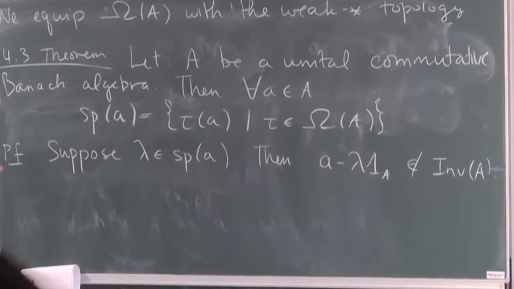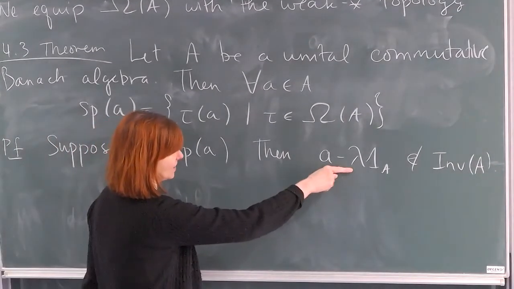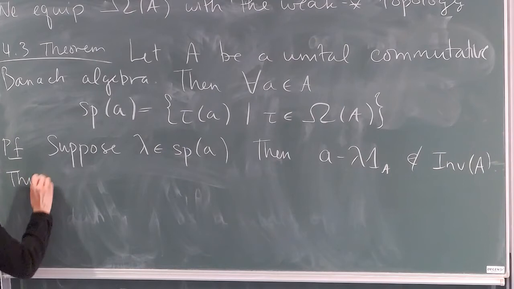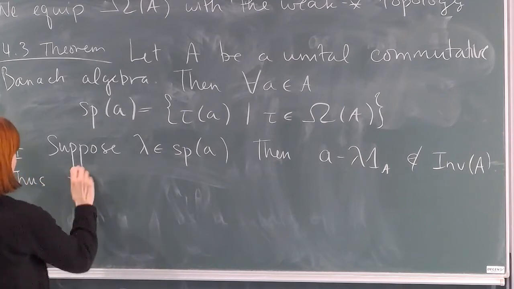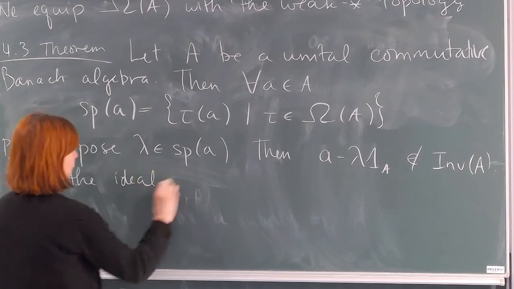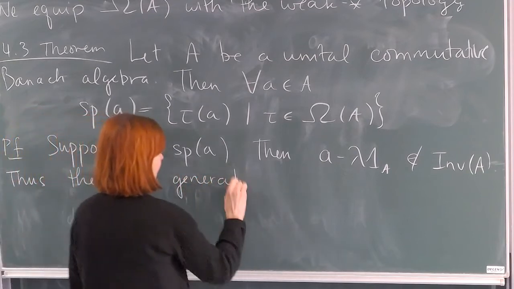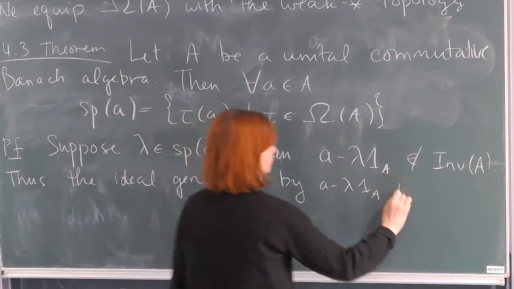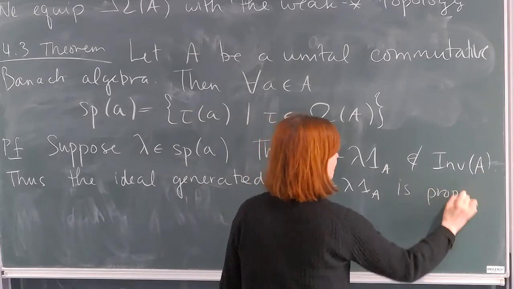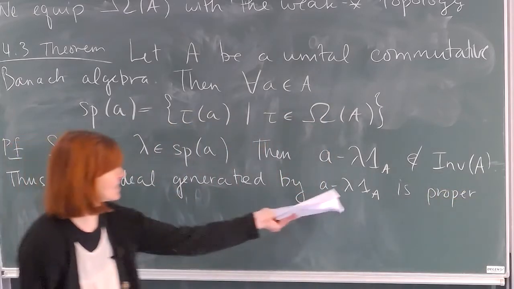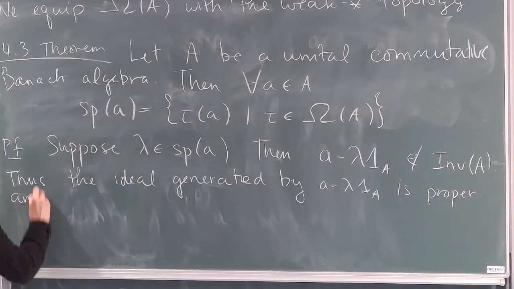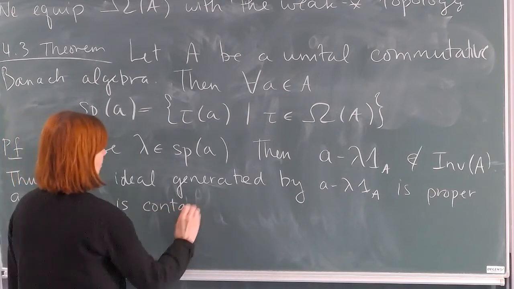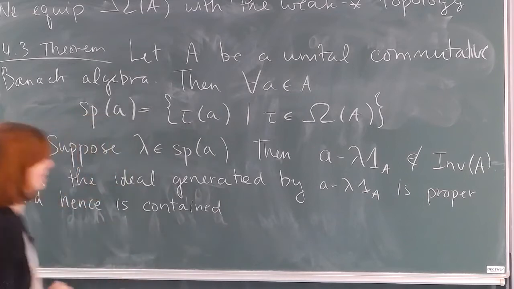So what does that tell us? The ideal generated by A minus lambda is a proper ideal. And as the usual trick that we've seen so far, that means it's contained in a maximal ideal, which has to be the kernel of a character.